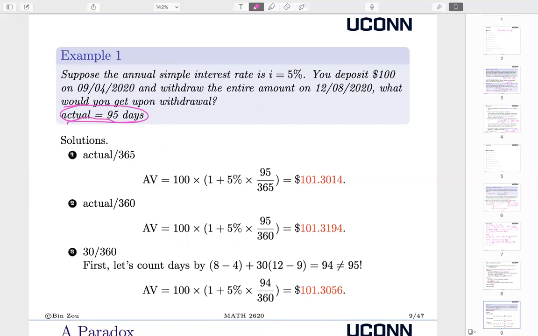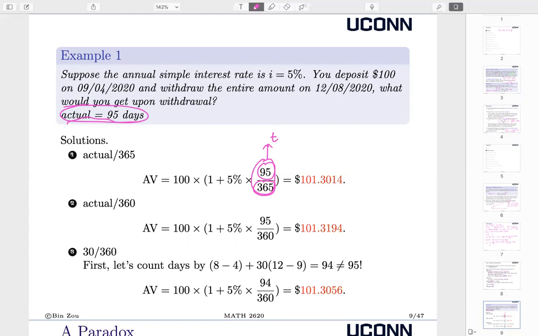So now let's take a look at how this affects the computation. First, let's look at the actual over 365. Now I have actual 95 days between 2 dates, and I apply 365 to 1 year. So now this is my time, T. I convert 95 days into the unit of year, and I get this number. It's a little over 3 months, so the interest is not crazy.